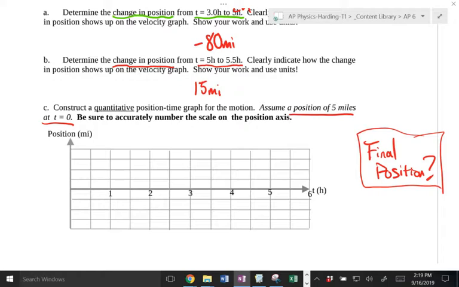Final position, not the displacement. Oh, we didn't talk about that yet.